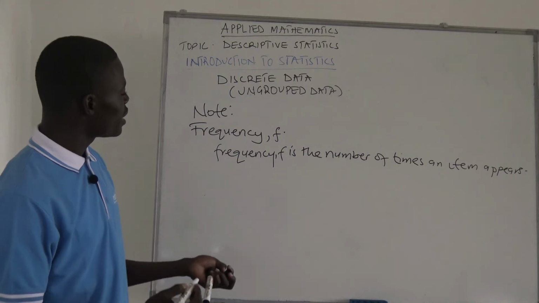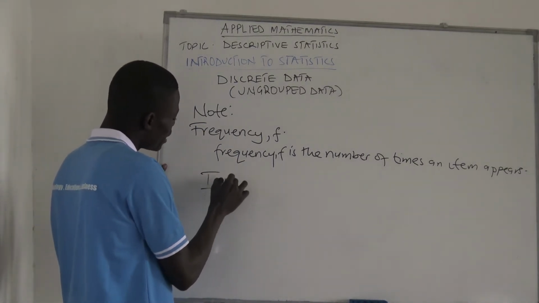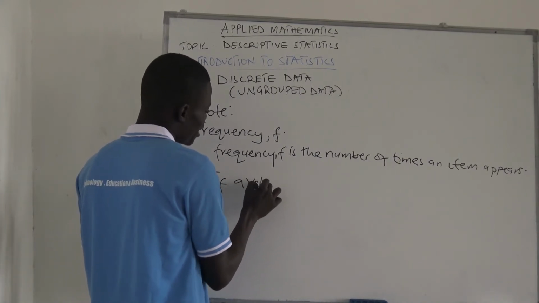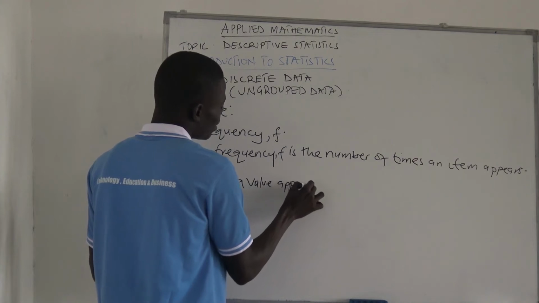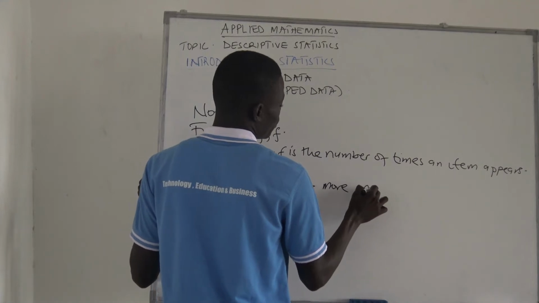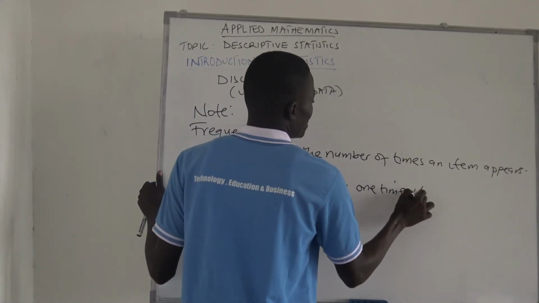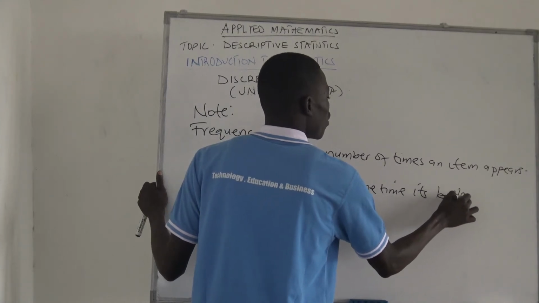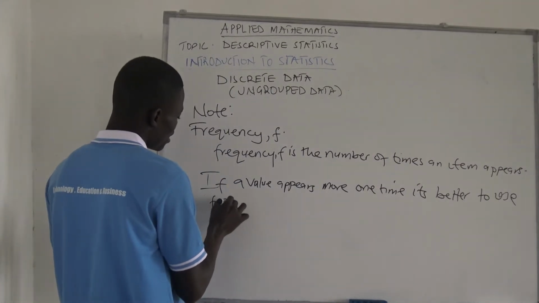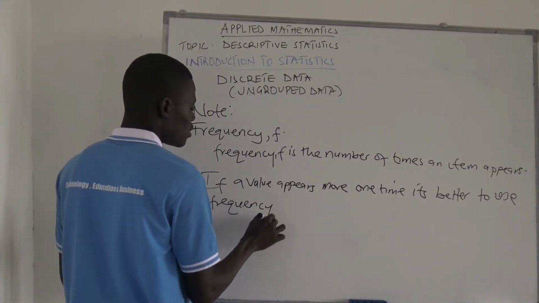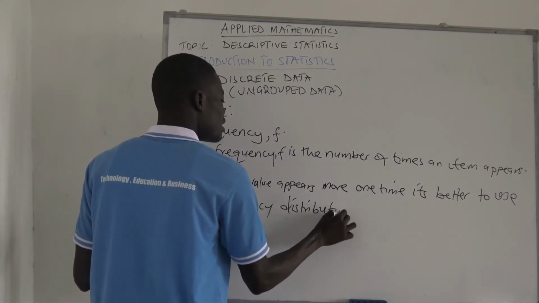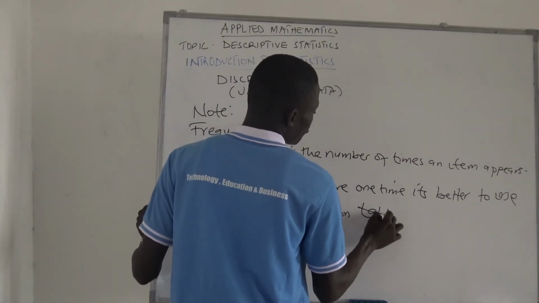If a value appears more than one time, it is better to use a frequency distribution table.